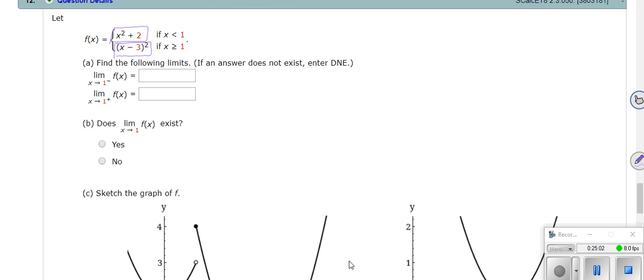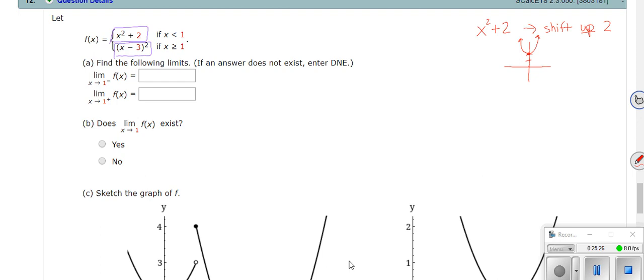Now, let's think for a minute what x squared plus 2 and what x minus 3 squared equals. X squared plus 2, let me just remind you, is a shift up 2. So again, instead of being at 0, 0, it's at positive 2 and it points up.